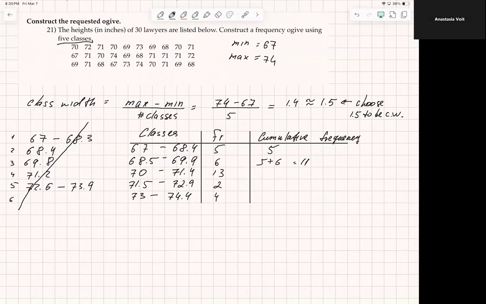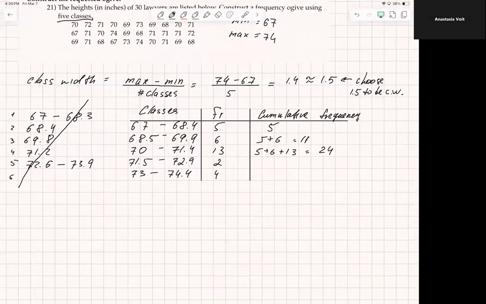Now for the third class, we have the current one plus all the previous ones. So it's going to be 5 plus 6 plus 13, which is 24. Then the next one is 5 plus 6 plus 13 plus 2, which is 26. And the last one is 5 plus 6 plus 13 plus 2 plus 4, which is 30, right?